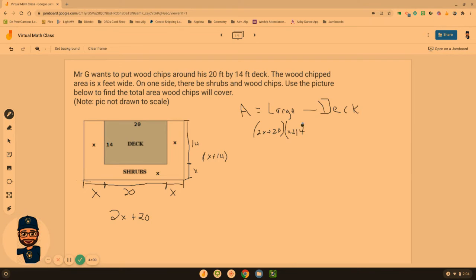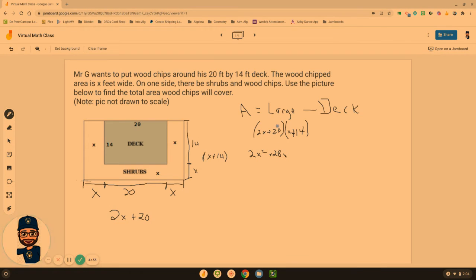That's the skill we've been working on before break and yesterday and today: expanding binomials, FOIL, or distributing. 2x times x is 2x squared. Plus 2x times 14 is 28x. That's the first part of distributing.